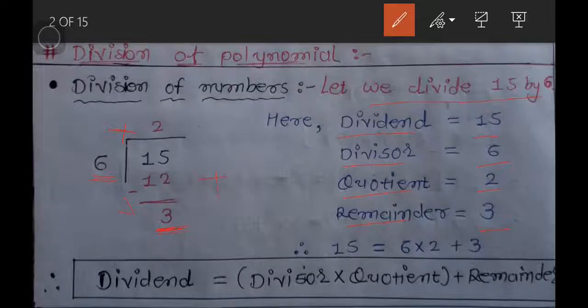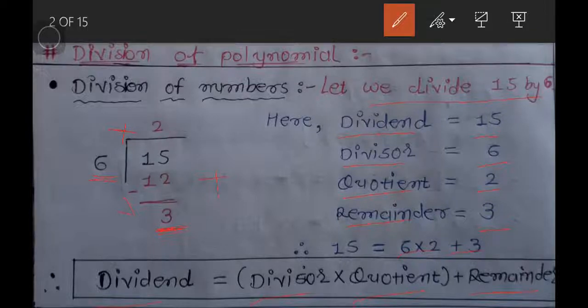So after dividing 15 by 6, we can write 15 as 6 into 2 plus 3. So here we can write the given expression as dividend is equal to divisor multiplied by quotient plus remainder. So it is the formula for our division.